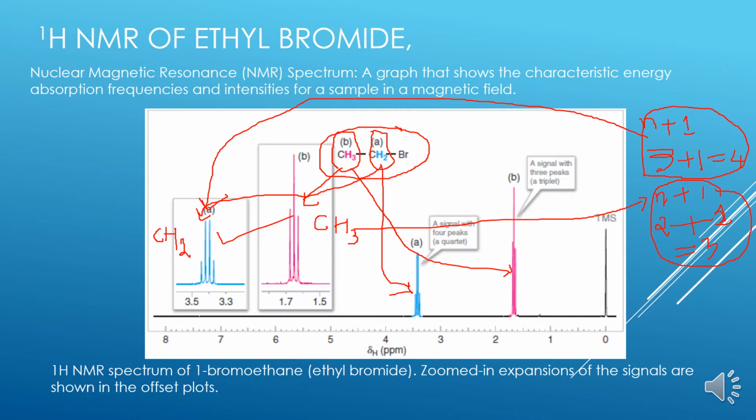Actually, only these two, methyl and methylene protons, are observed in NMR spectroscopy. Suppose we zoom in for high resolution, the splitting one can observe clearly. Okay, this is an idea regarding proton NMR of ethyl bromide.